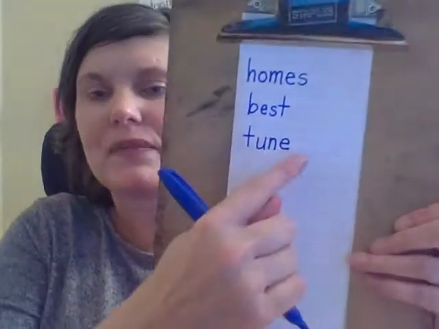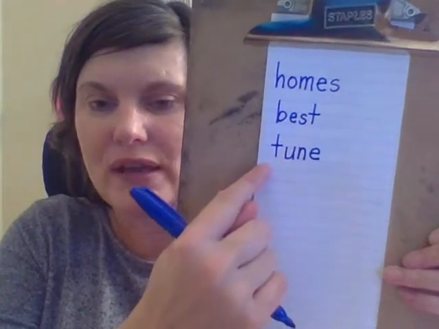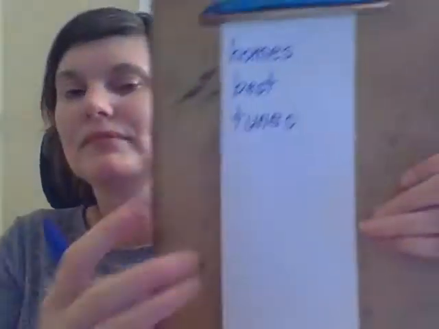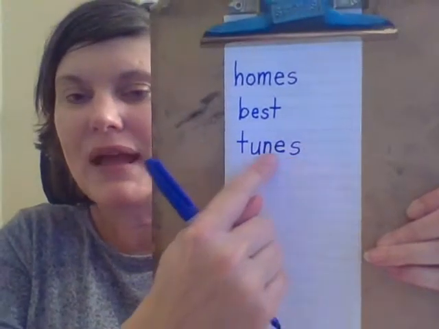So then there must be an E at the end to make the long U sound. This is tune. Now, what do we add to make it tunes? You got it. We add the S, the suffix S.